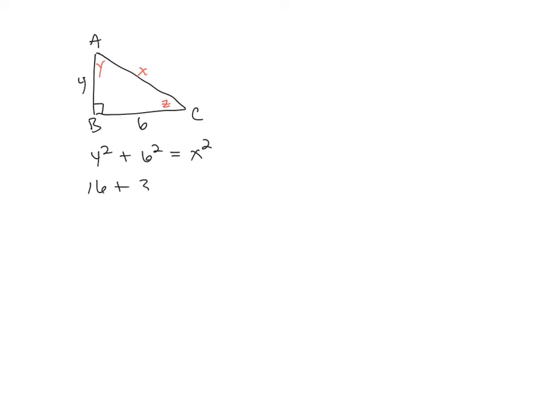So 16 plus 36 is 52, and then do the square root. Excuse me, it said decimal answers, so do the square root of 52 as a decimal, which is 7.21 or just 7.2.